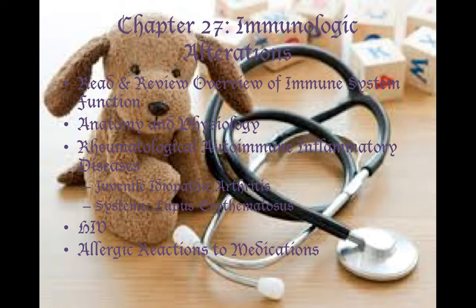JIA represents the most common rheumatic condition of childhood and may present as one of three diseases: systemic onset, pauciarticular, or POCI, involving 5 or fewer joints, or polyarticular, simultaneous involvement of 4 or more joints.